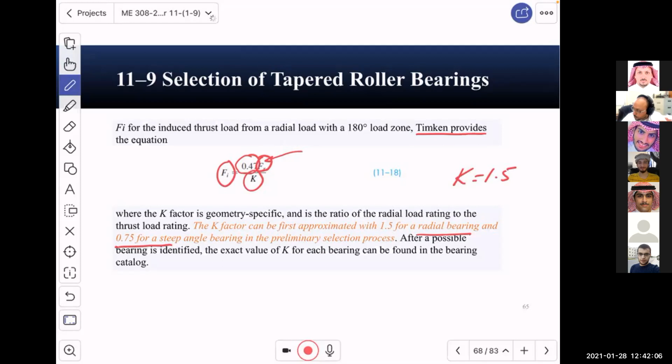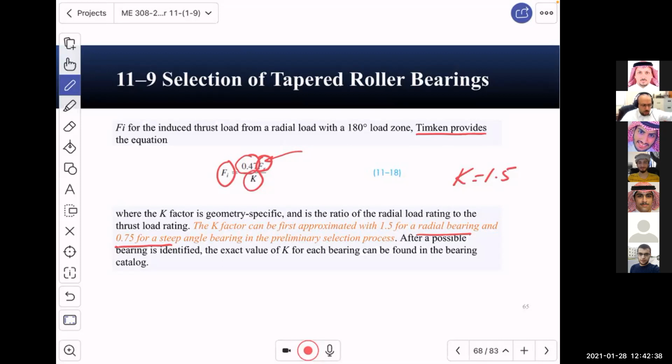This is similar to when we taught you how to design a shaft in 307, and we told you in chapter 7 that there is a table which gives you reasonably good engineering assumptions for stress concentration, like KT, KTS. Do you remember? The idea is that you as an engineer can just say, no, I don't want to use K equals 1.5.